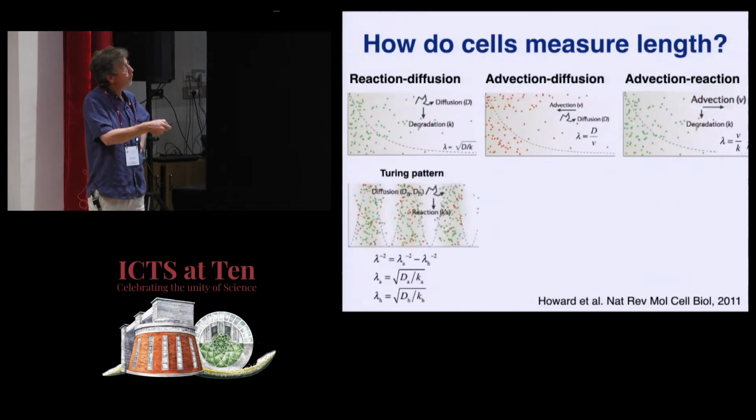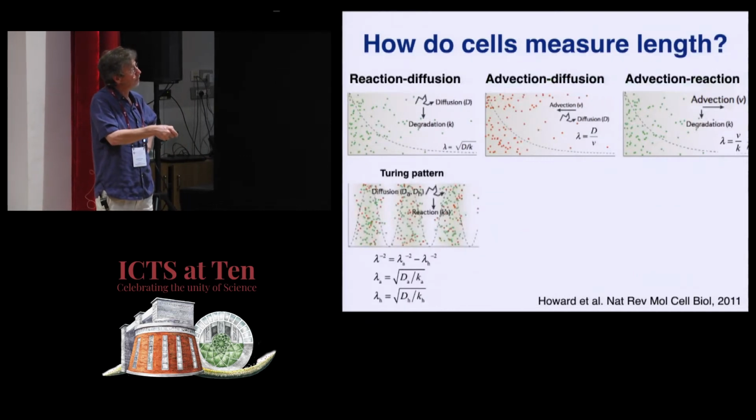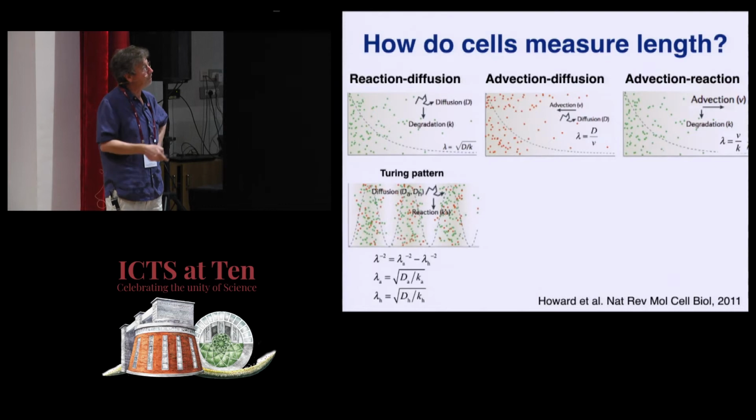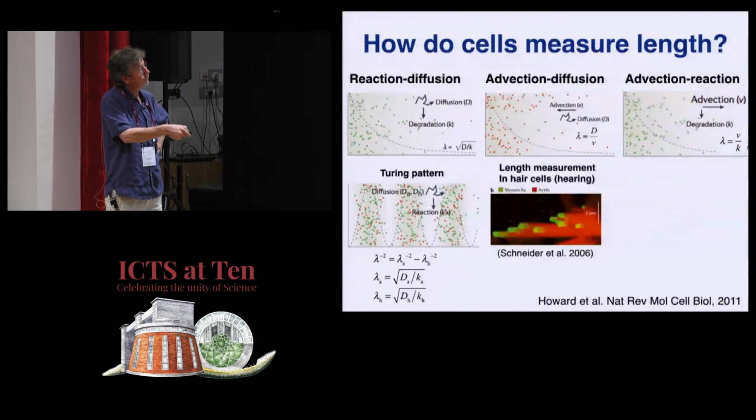Now, the reaction diffusion is what sets the length scale in Turing patterns, but in other systems, for example, in those hair cells, in the cells in the ear, the stereocilia, the length is determined by motors that most likely use an advection diffusion mechanism to set their length.